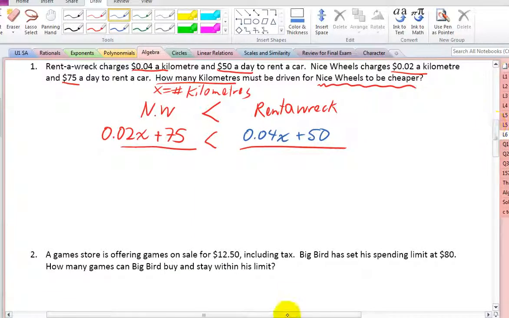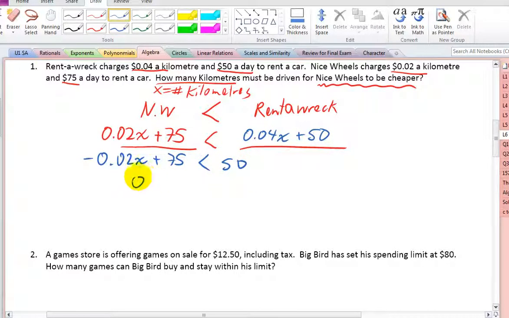If you haven't done so already, solve it. Okay, so bring the 0.04x to the other side and get 0.02x, that's negative, plus 75, less than 50.